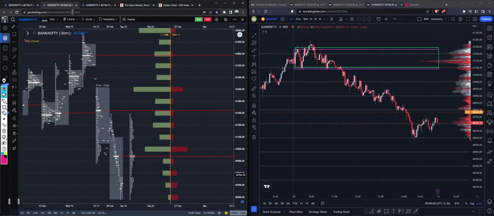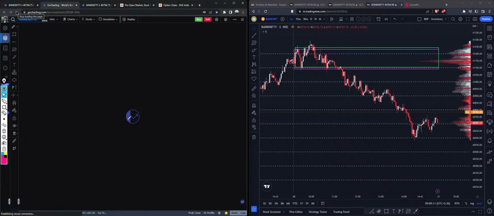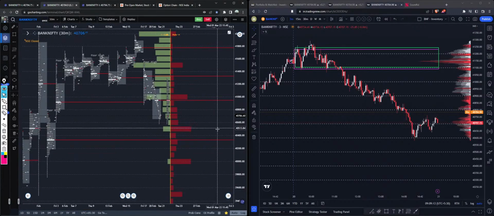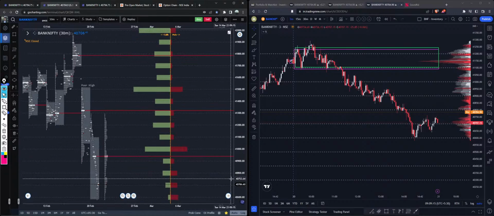Interesting day. So 4784. Now why is this not updating? Just give me a second. Okay, here the price is not updating, but it is 4784. Now the focus shifts to 4800.